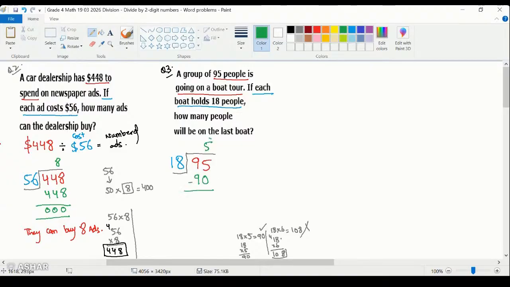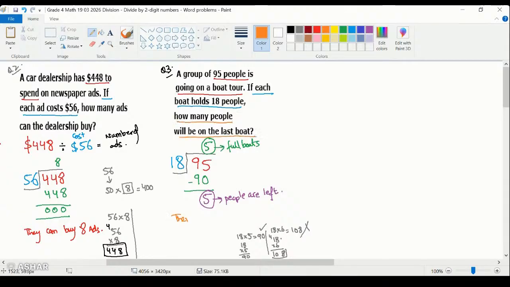That means they need 5 full boats, right? Each boat has 18 people on it. And what is the remainder? The remainder was 5. That means 5 people are left in the end. And the question is asking us how many people will be on the last boat?